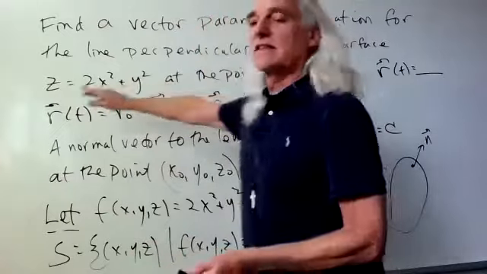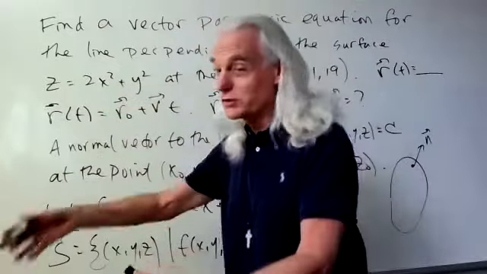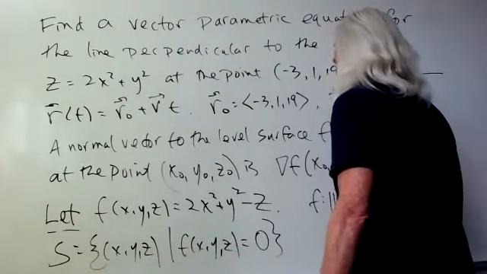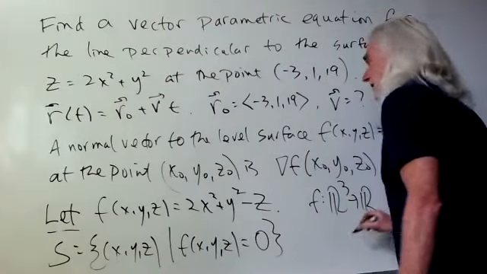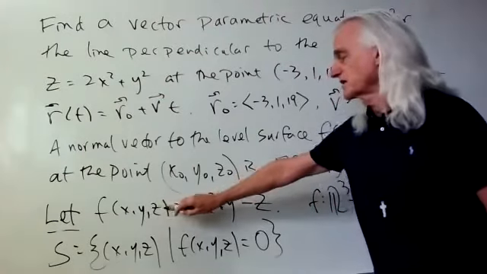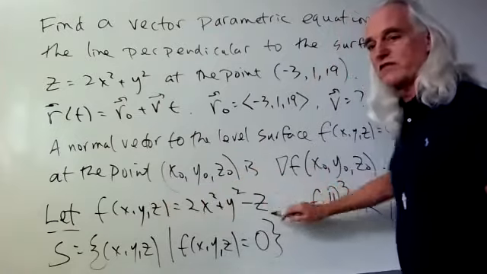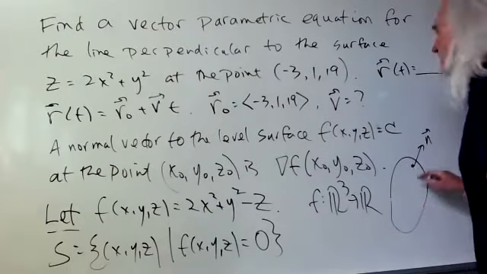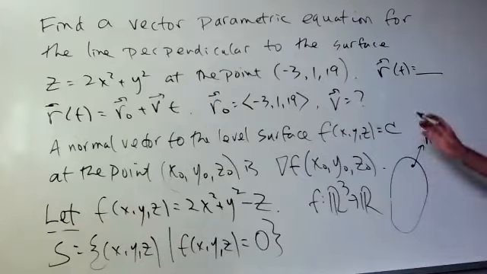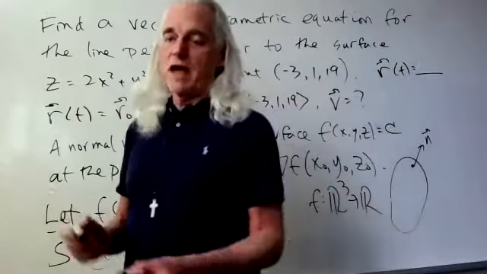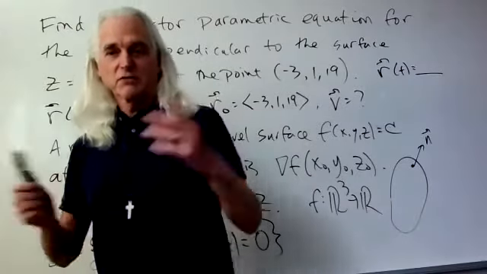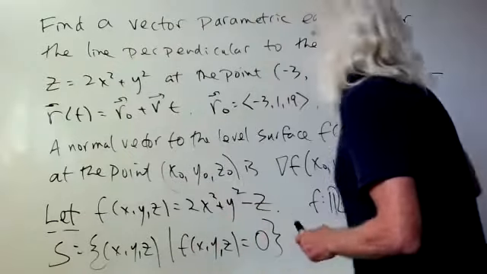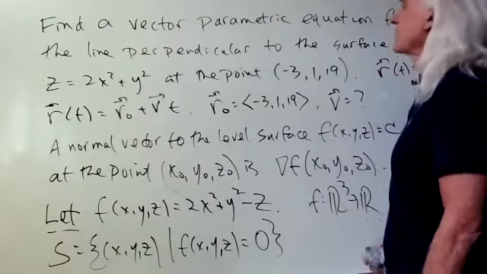Now this is the graph of a function from R2 to R, but this f here maps R3 to R. I've defined this function f of x, y, z, so it takes in three variables and outputs a real number. It doesn't actually look like this, but we don't have to know what it looks like. That's the great thing about all of this calculus stuff, that we don't actually have to draw the picture. It's good to know what it looks like, but let's see.